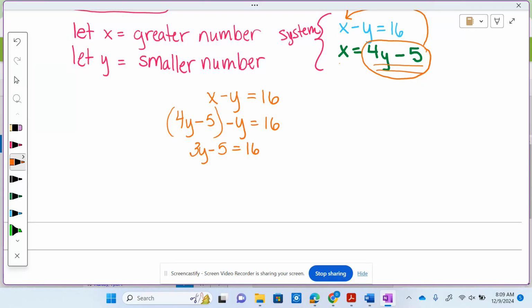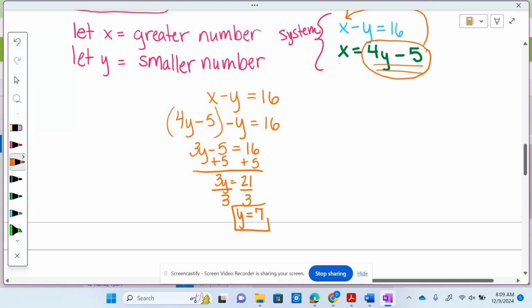Isaac, what would you do next? Add 5 to both sides. Yeah, add 5 to both sides. 3y equals 21. Kenna, what would you do next? Divide both sides by 3. So I find out y, the smaller number, is 7. Okay. How are we going to find x, the larger number?